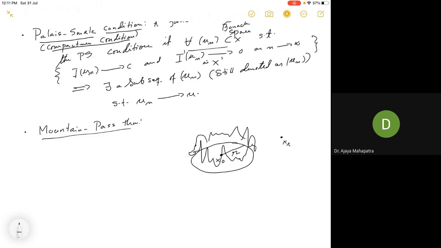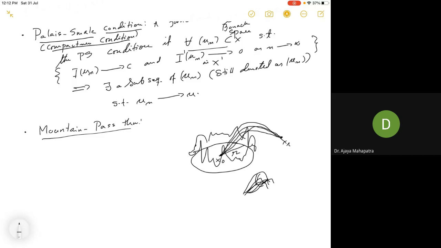You look for all those paths which move from x0 to x1, of course under certain conditions. If you can collect all those paths from here to here, you get some sort of this structure. Then you can establish that there is a critical point to this energy functional. So if you can cross the mountain, there is some sort of going up and coming down structure.